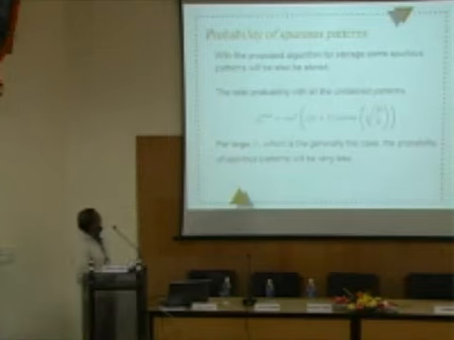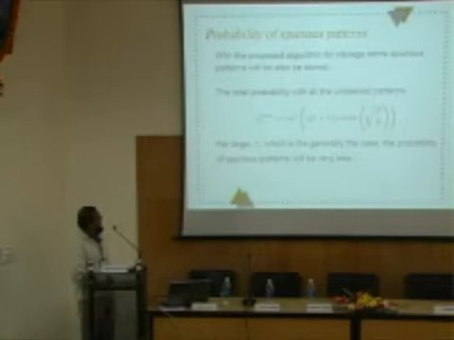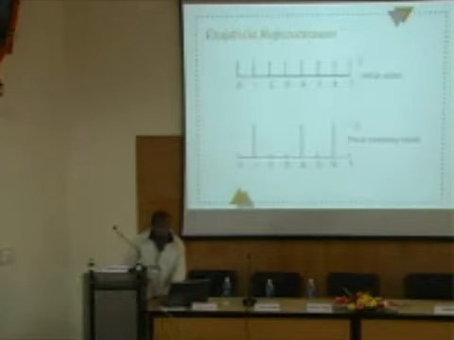So, we found the total probability of all the undesired patterns is this much, and for large n, which is generally the case, where n is the total possible number of patterns, that is 2 to the power n, and P, the number of patterns to be stored, is comparatively much less, this probability can be assumed to be very small.